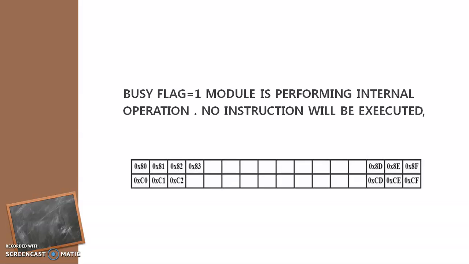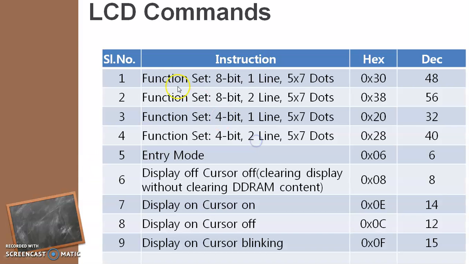The address values of those 16 characters are given in the diagram: 80, 81, 82, 83, and so on up to 8F. The first line start address is 80 and the second line start address is C0, so C0 to CF, 16 characters.